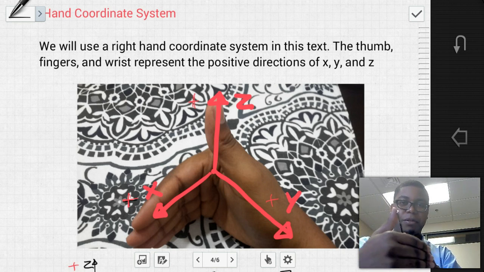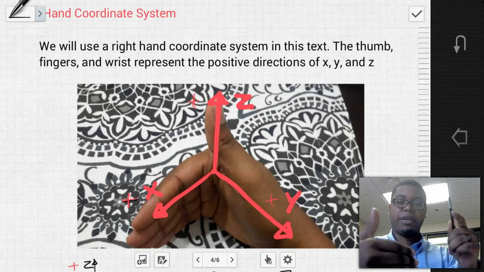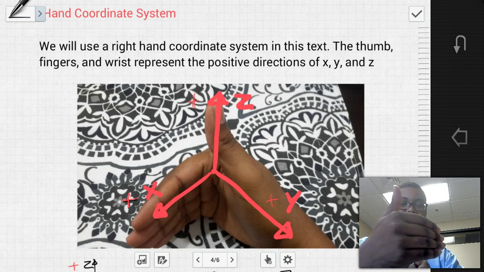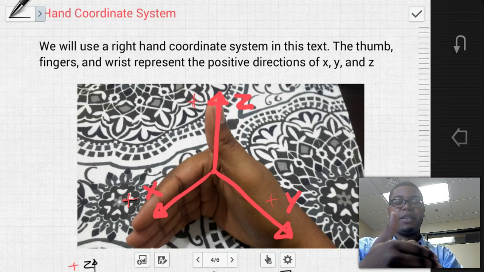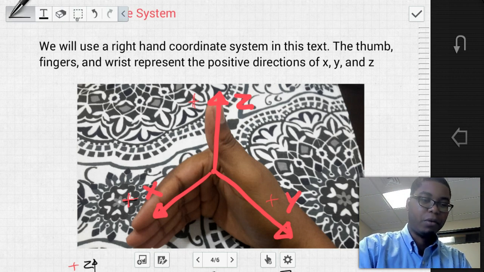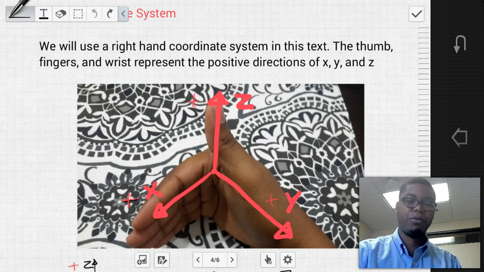The thumb represents the positive z direction, my fingers represent the positive x, and my wrist represents the positive y. This is called the right hand rule, where you use your right hand to establish consistent coordinate systems in terms of what the positive directions are and which directions correlate to which.